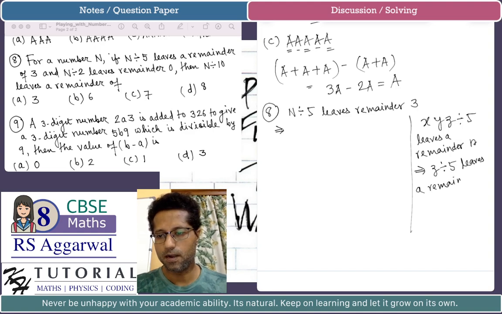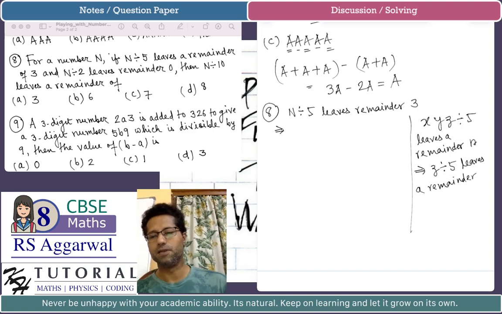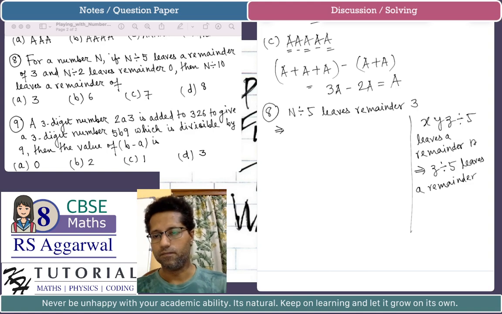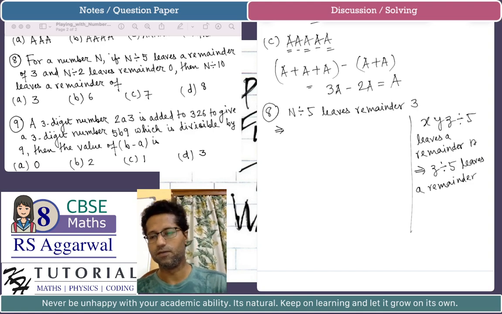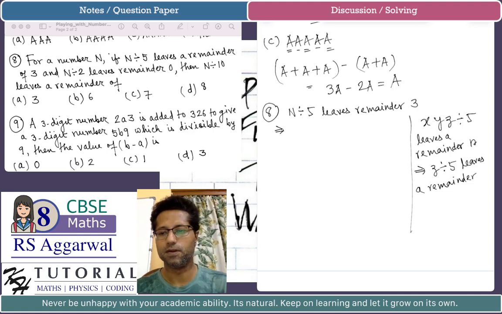Where z is the digit at the units place, when the number xyz is divided by 5, whatever remainder it leaves will depend entirely on the digit at the units place, that is, on z. So z divided by 5 leaves a remainder of r.